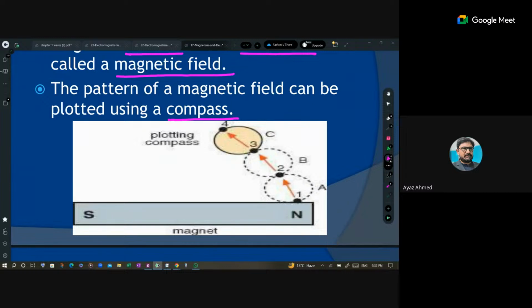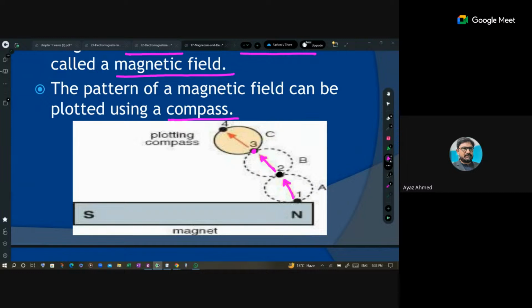For example, here a north pole is there and a south pole is there, and near the north pole I will place a compass. This small circle is the compass, and where its needle is pointing, I will mark a spot. Now I will position the compass over there, and mark another dot where its needle is pointing.